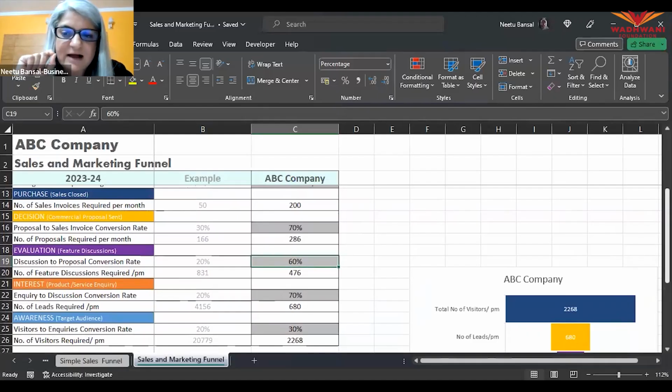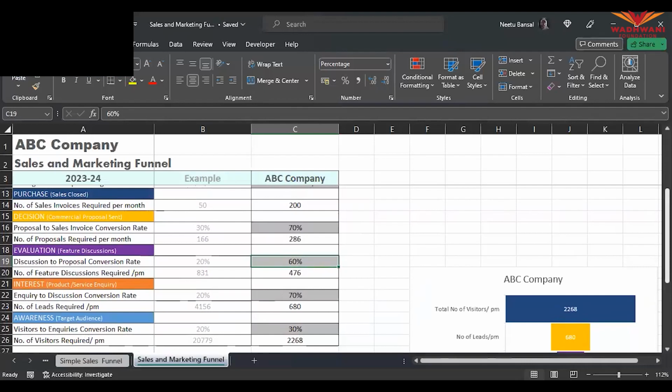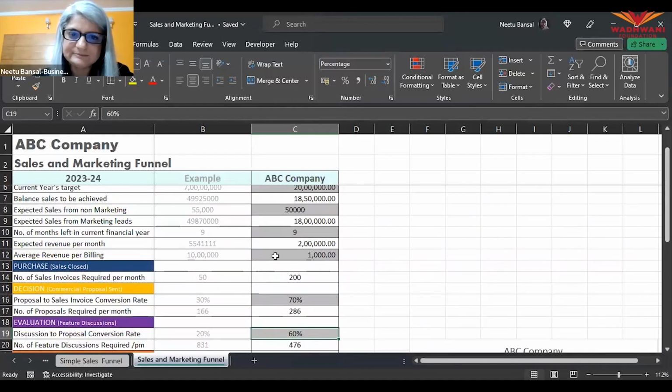Now, can you think of another stage, another metric which can impact your funnel? Each conversion rate is one area where you can make improvements. Which other area can you look into to improve your funnel? Any thoughts? Cost. Yes, cost or the pricing, right?